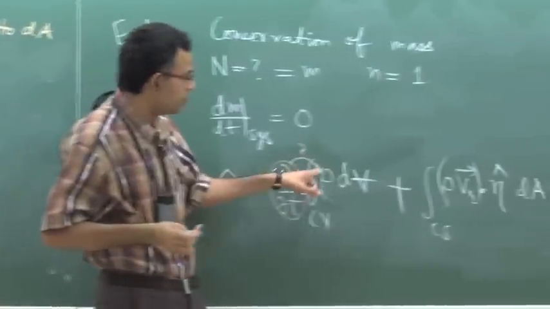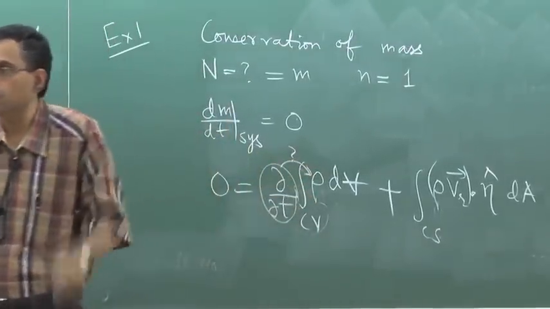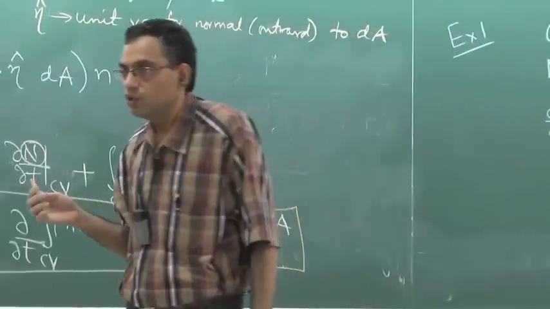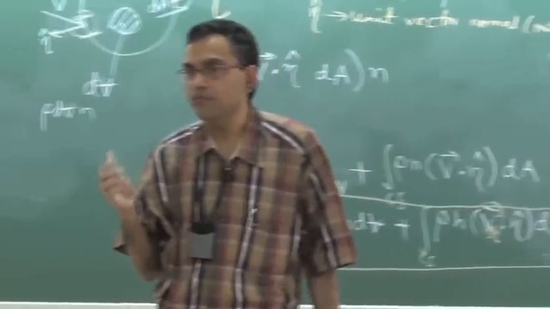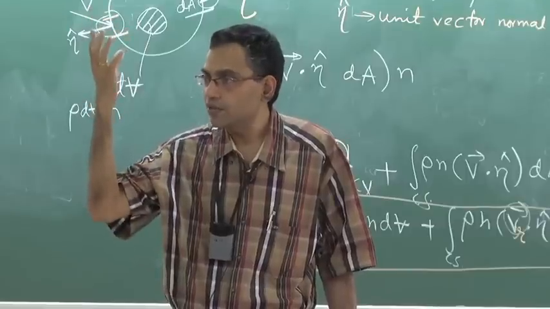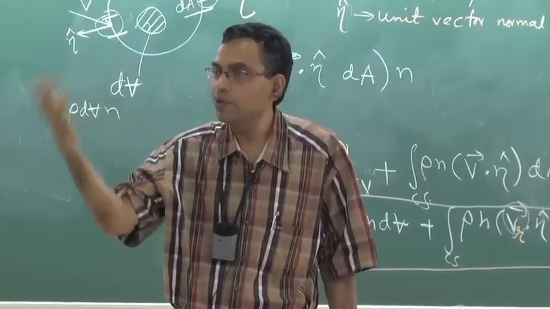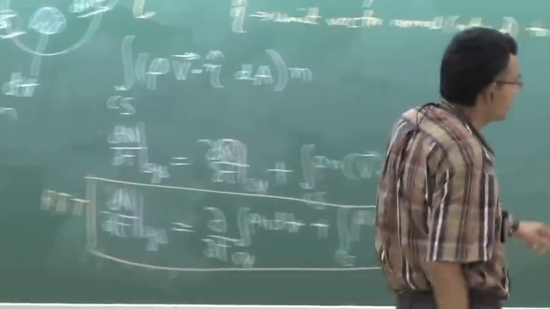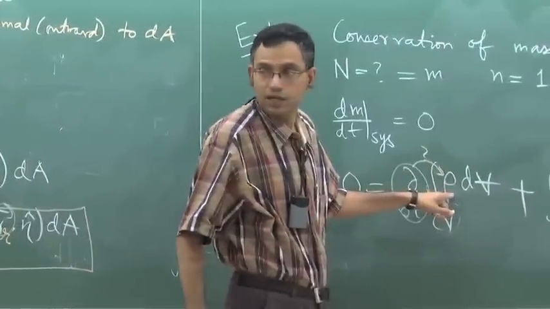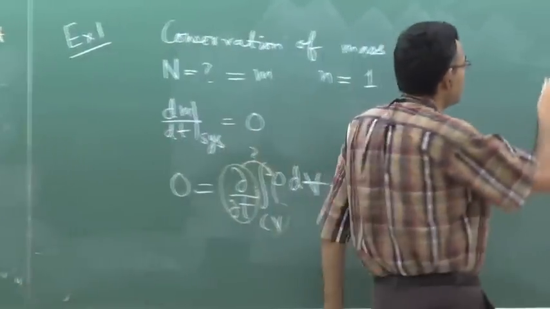We can put this inside, provided the volume of the control volume is not a function of time. So when the volume of the control volume is a function of time, let us say there is a balloon which is continuously expanding or contracting, then for solving a fluid mechanics problem we cannot put this derivative within the integral. So we will make certain assumptions.